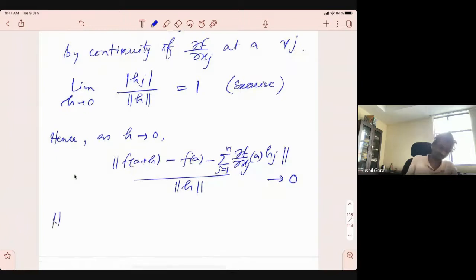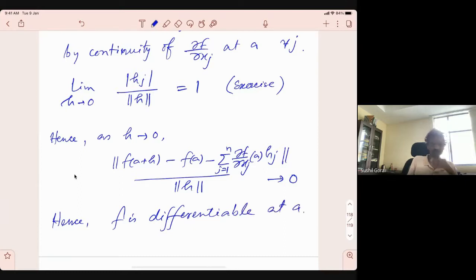Hence f is differentiable at a. Yeah, any question here?